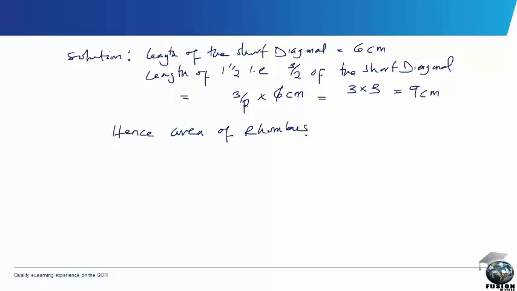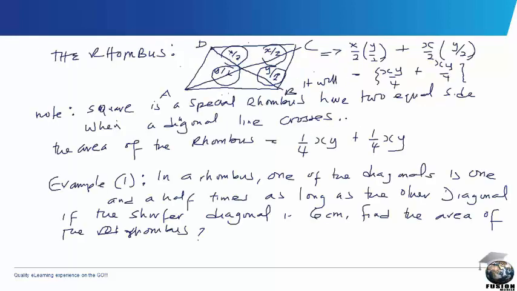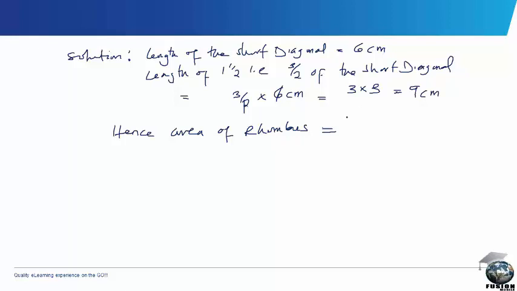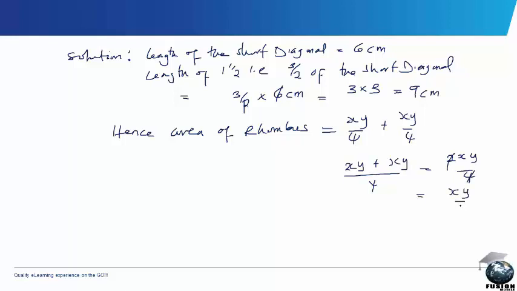The area of a rhombus, like we said previously, is xy over 4 plus xy over 4. We can also shorten this, and so you have xy plus xy, so you have 2xy over 4, and you can shorten the formula to xy over 2.